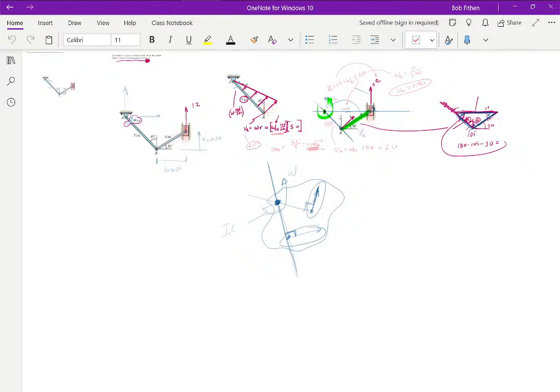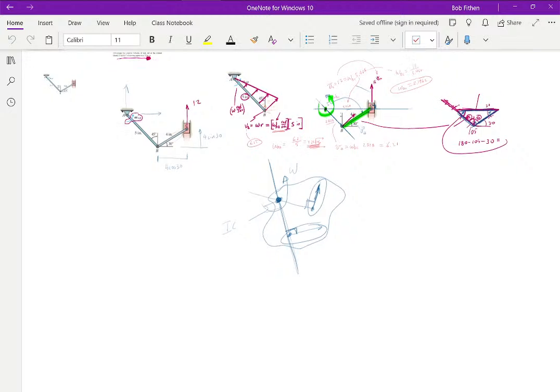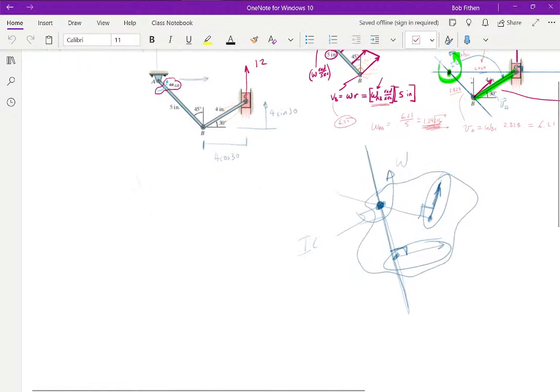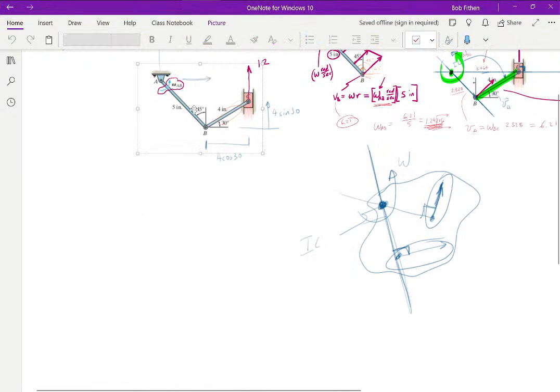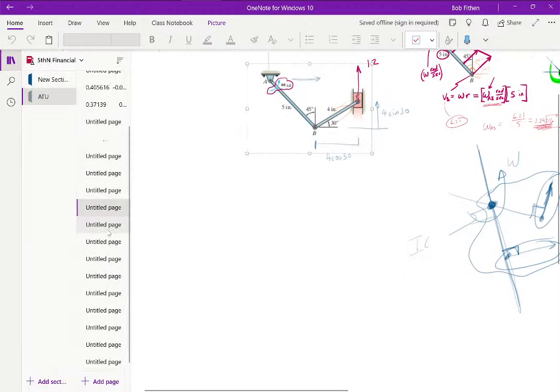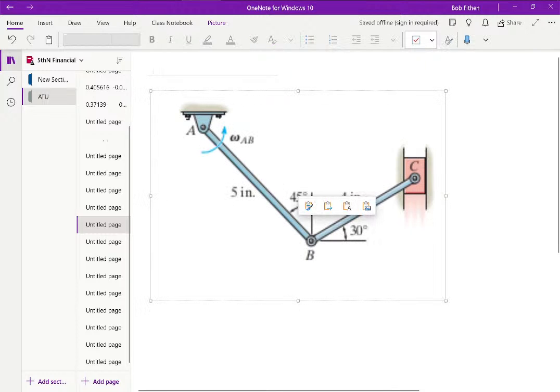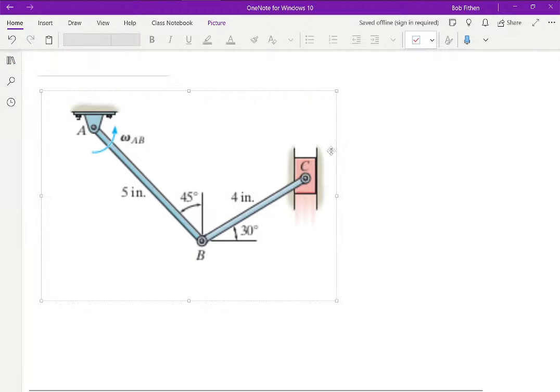But instead of repeating, I'm going to go back and grab some information off that lecture. I'm going to grab the picture, copy, and put it back down in a new location. Looks better that way.